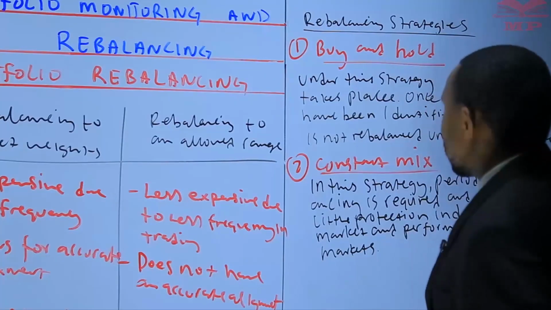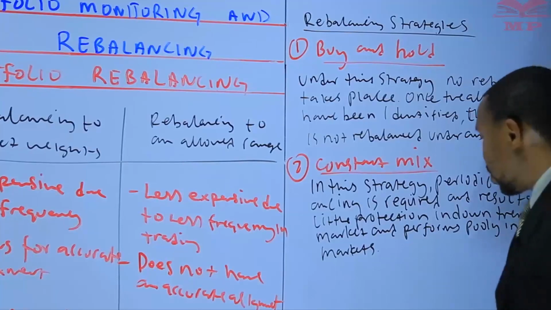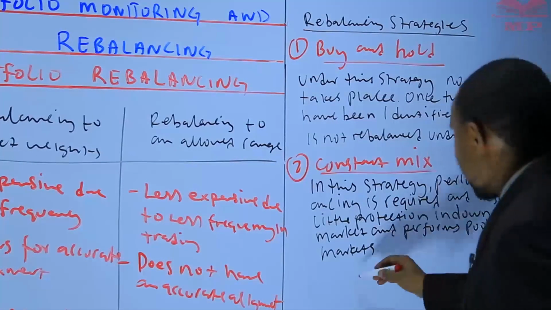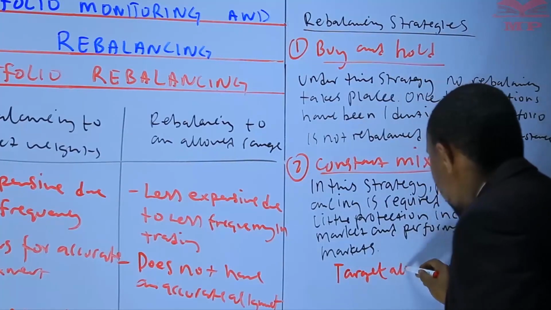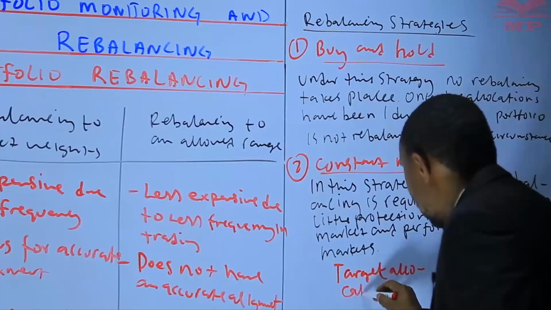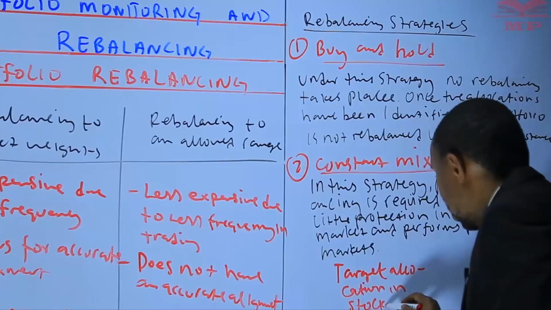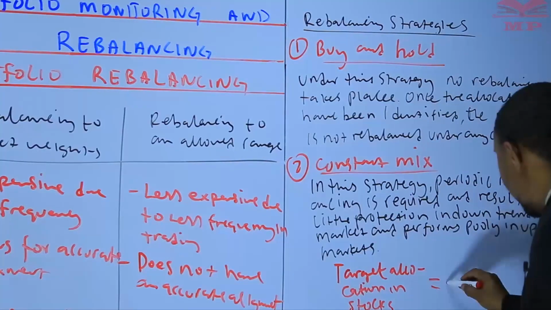The portfolio manager usually uses a formula to try and rebalance the portfolio. So the target allocation in stocks is equal to M times portfolio value.